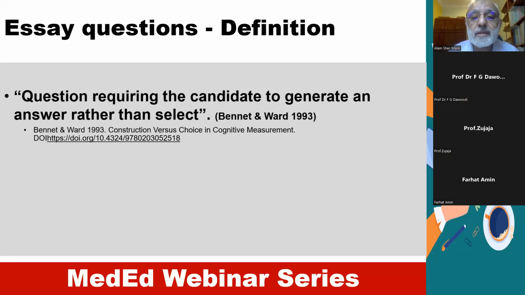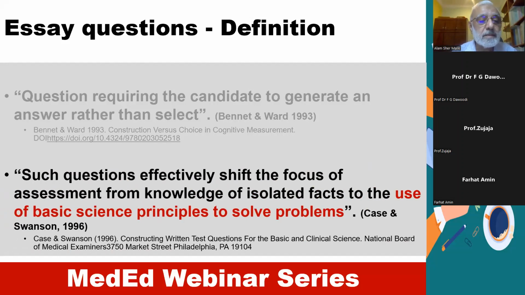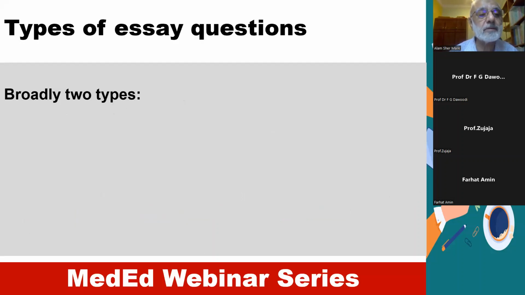A question requiring the candidate to generate an answer rather than select. Such questions effectively shift the focus of assessment from knowledge of isolated facts to the use of basic science principles to solve problems. So these are different definitions highlighting different components or aspects of essay questions.